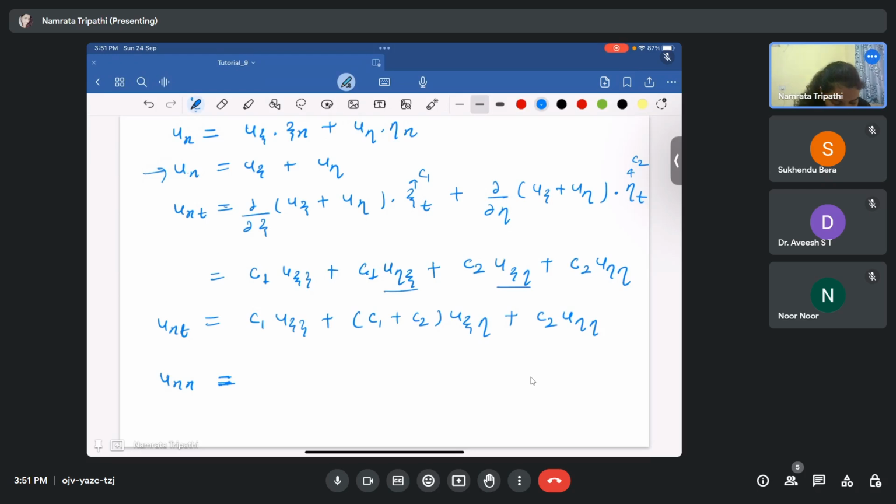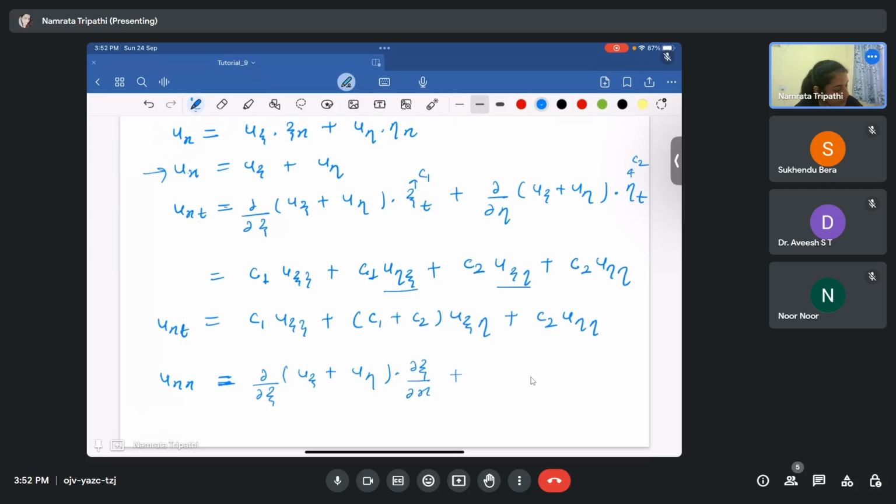What is the value of uxx? Okay. Again, you have to differentiate ux with respect to x, means first we will differentiate with respect to xi and xi with respect to x.